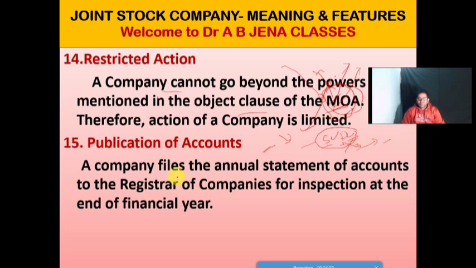But the company, whether a private company, public company or other company, will file its annual statement of accounts with the Registrar of Companies for inspection at the end of the financial year. The financial statement or annual statement of accounts must be published as per the Companies Act 2013 or any of the previous Companies Acts.